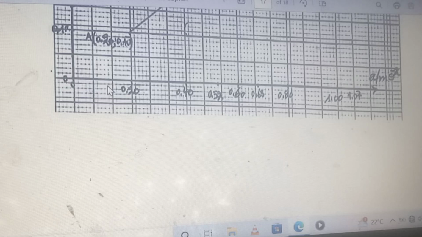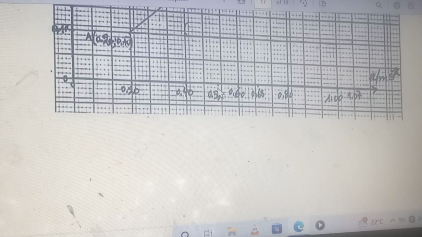In this we have 2, 1, 2, 1, 2, and also 0, 0.2, 0.4, 0.6, 0.8, and also 1. You see that we have intervals of 0.2 in both.